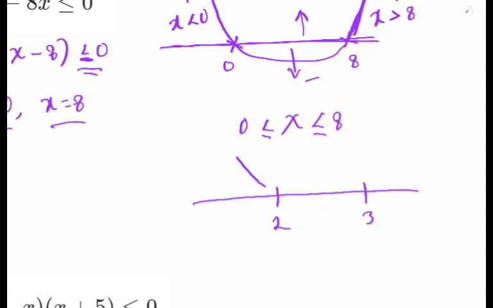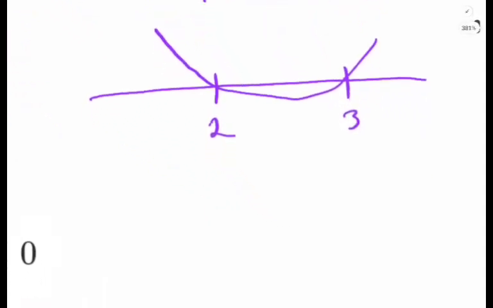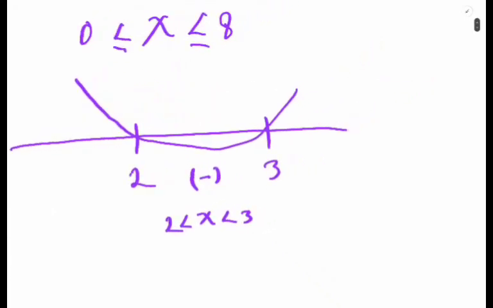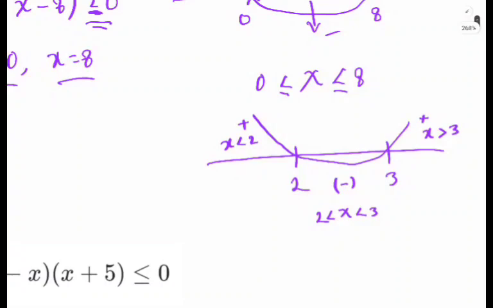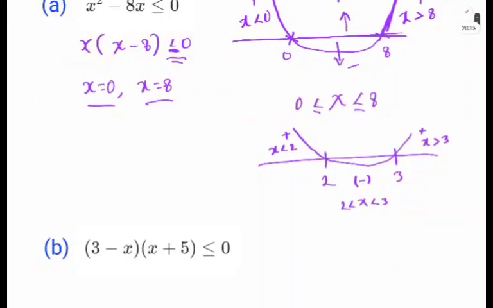If your graph is something like this, remember the middle part, x is between 2 and 3, is the part where the entire function is negative. For this part, x is bigger than 3 and x is smaller than 2, this side is positive, this side is positive. That's how you remember. So it's not that difficult.